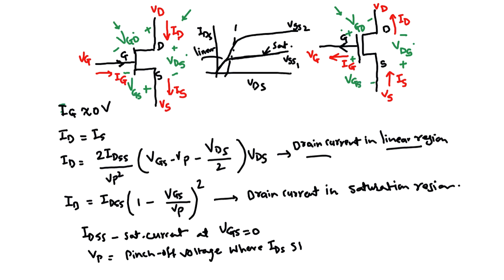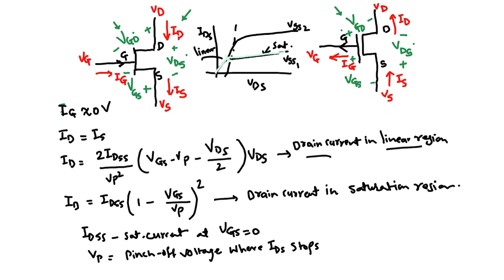So you see, your current is increasing here. Let me draw it with the red pen or some other color. Your current is increasing and then it saturates. So this is the pinch off voltage where your current no longer increases.